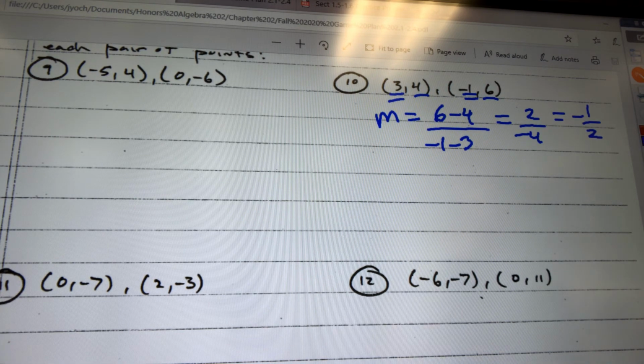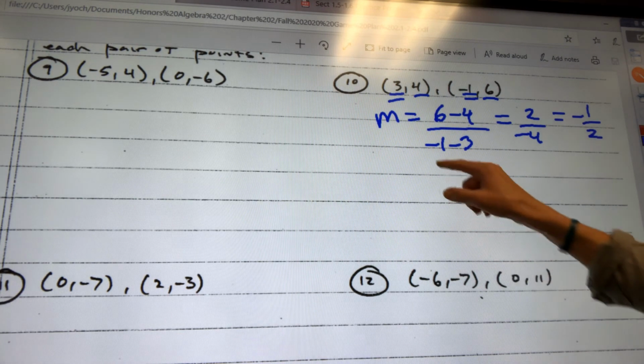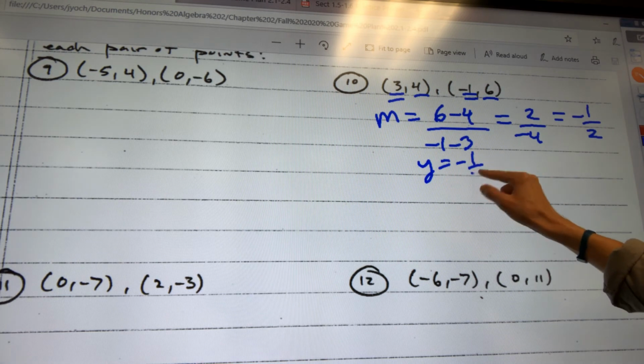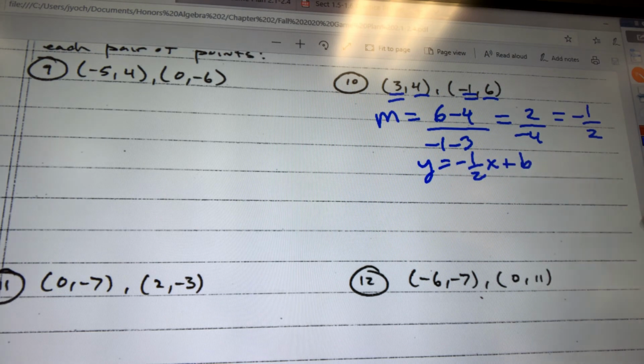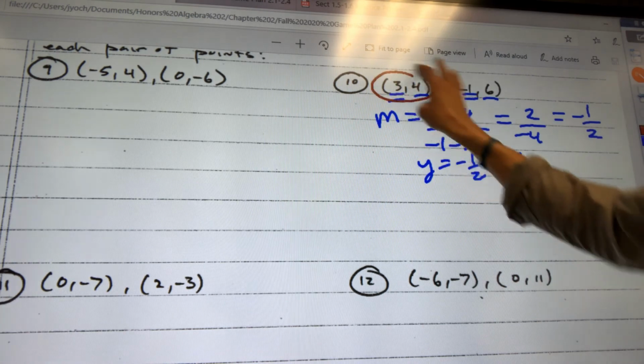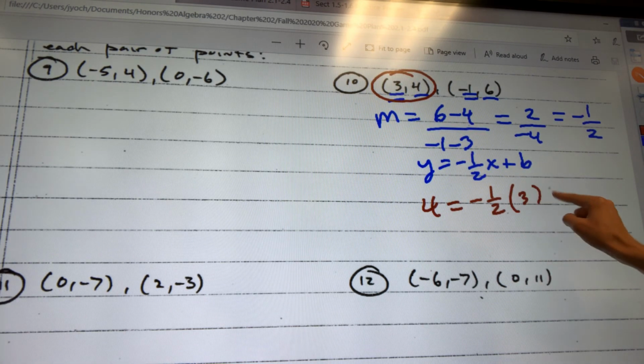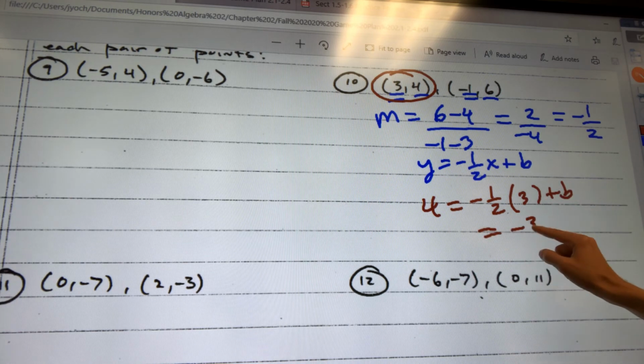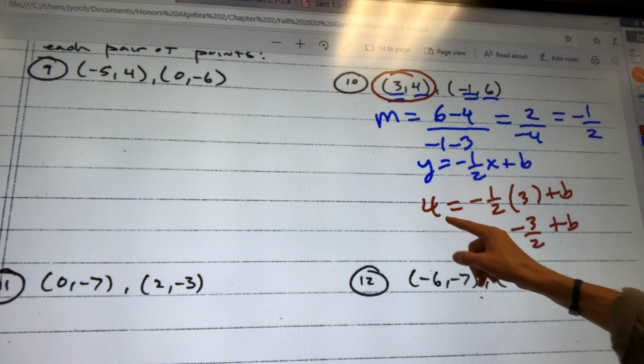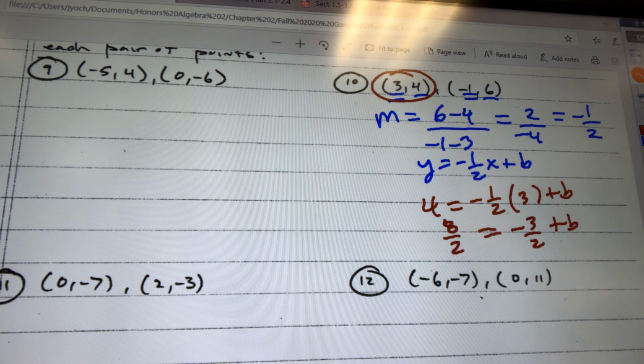Nothing for the x's is even. y is negative 1/2 x plus b. I'm just going to pick the positive one there. So 4 is negative 1/2 times 3 plus b. This is negative 3/2. This is 8/2. Add 3/2 to it, you get 11/2 is b.